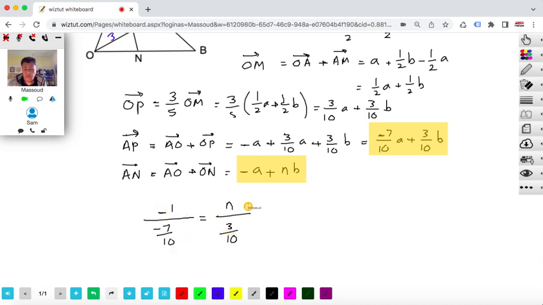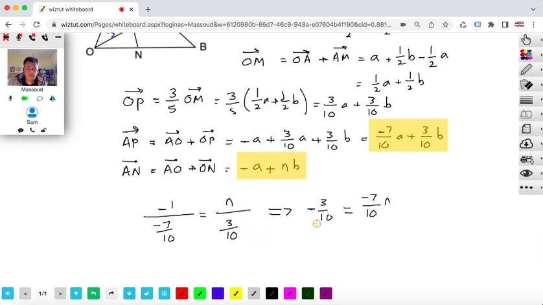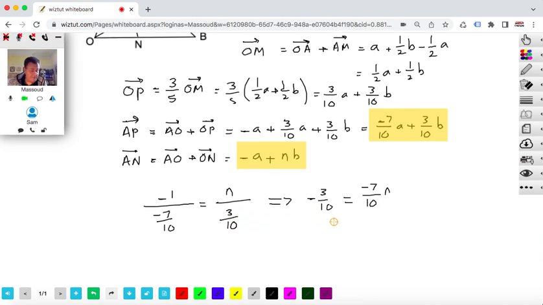So I cross multiply, which gives me minus 3/10 times minus 1 equal to minus 7/10 of n. We can simplify this quite simply.